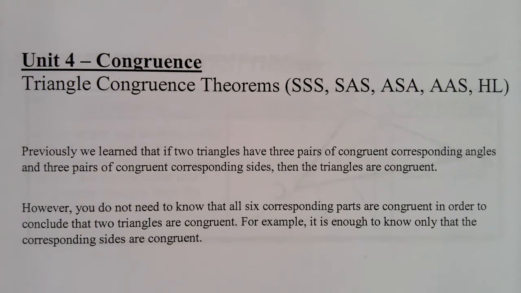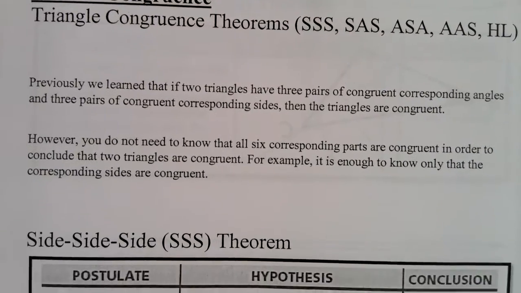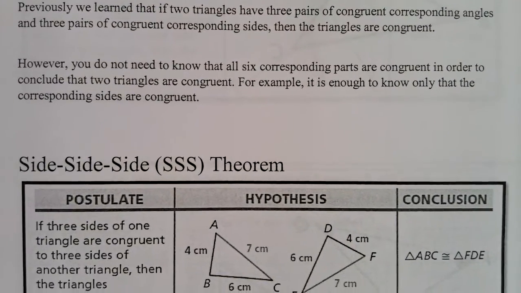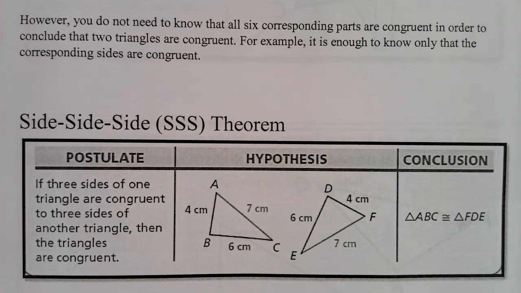However, you do not need to know that all 6 corresponding parts are congruent in order to conclude that the 2 triangles are congruent. For example, it is enough to know that only the corresponding sides are congruent. So that is our first shortcut. It's called side, side, side, SSS for short. If 3 sides of one triangle are congruent to 3 sides of another triangle, then the triangles are congruent.